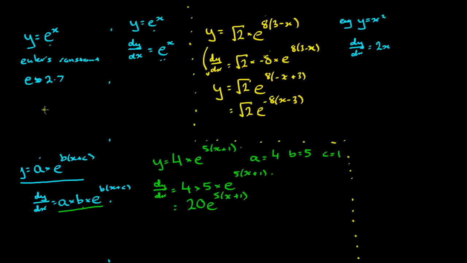So when we apply this formula over here, we always have to make sure that x is positive and it has a coefficient of positive 1 in front of it for that formula to work.